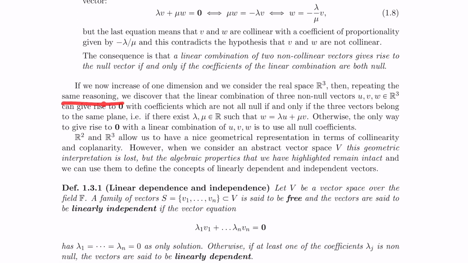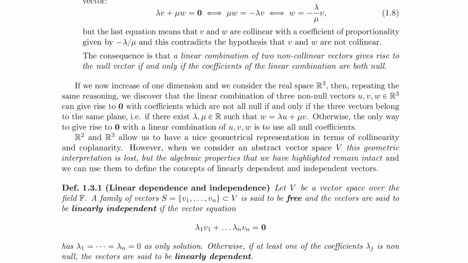In this case, if we repeat the same reasoning, we discover that the linear combination of three non-null vectors u, v, and w belonging to R3 can give rise to the null vector of R3 with non-null coefficients if and only if the three vectors belong to the same plane. This means that there exist two scalars lambda and mu such that w is equal to lambda times u plus mu times v. In this case, we say that the vectors are coplanar.